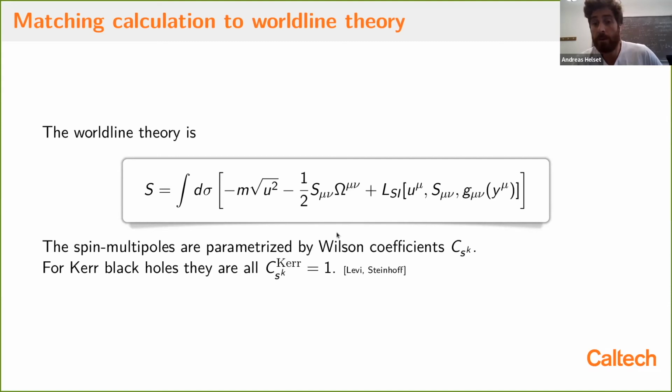In general, there would be various Wilson coefficients for these spin multipoles. But for a Kerr black hole, it turns out that they all would be equal to 1. I haven't written out on this slide the expression for these spin multipoles; it is in the appendix.